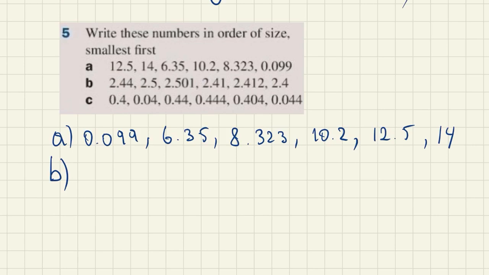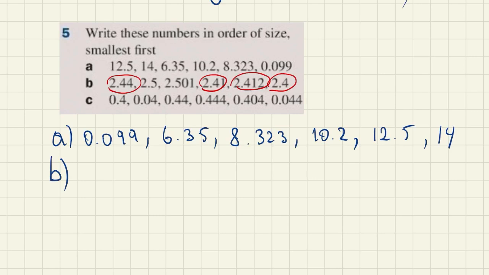And of course, we start with tenths. We start with the biggest decimal part, which is tenths. So we have 4, 5, 5, 4, 4, 4. So 5 is obviously going to be on the larger side. So if we look at the ones with 4, let's look at them first. I'm going to circle them.